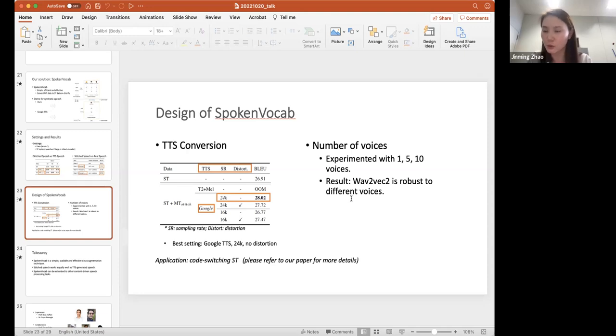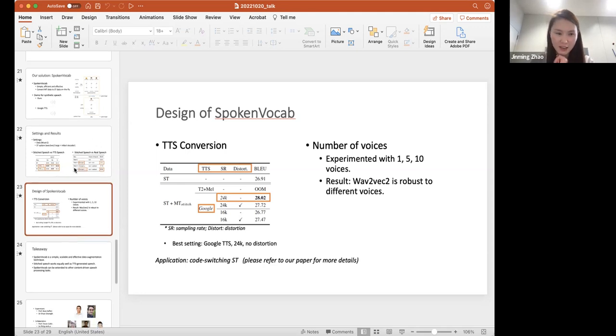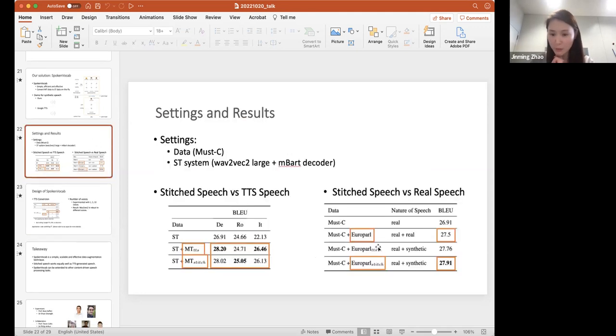This is quite interesting to me, and this is one hypothesis that I have towards this table. In this table, Europarl has a lot more speakers, but in our case, we only have one speaker, and we outperform the real speech. I was suspecting that this might be the reason.